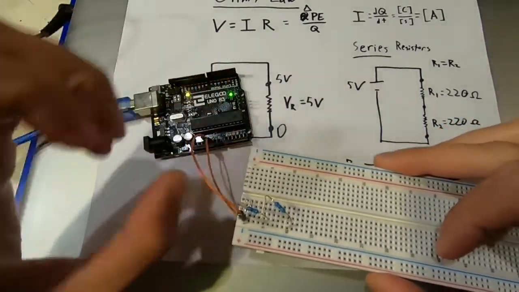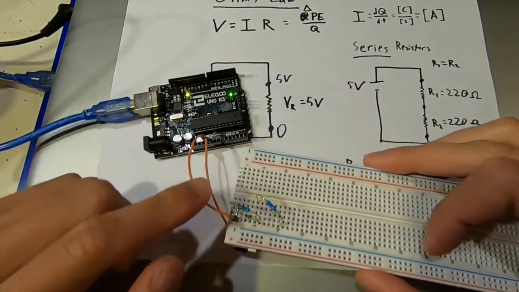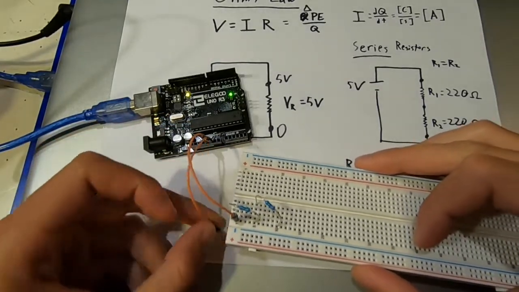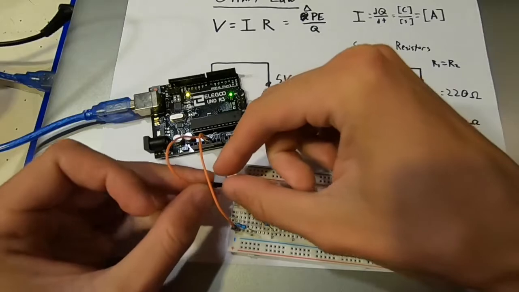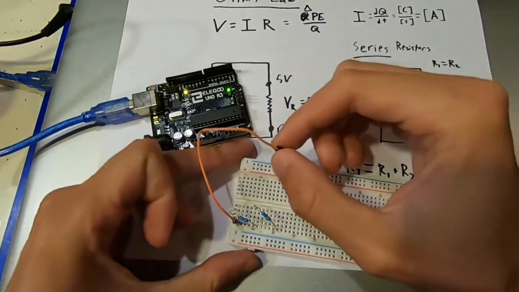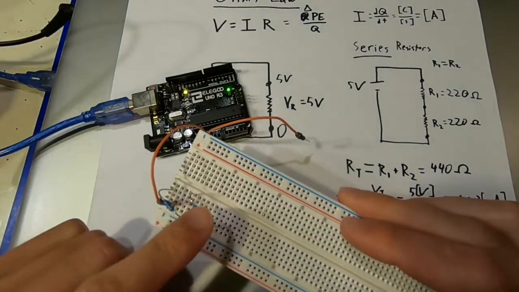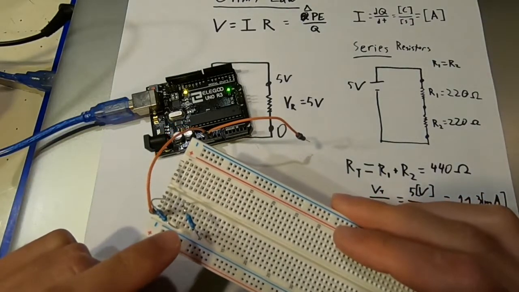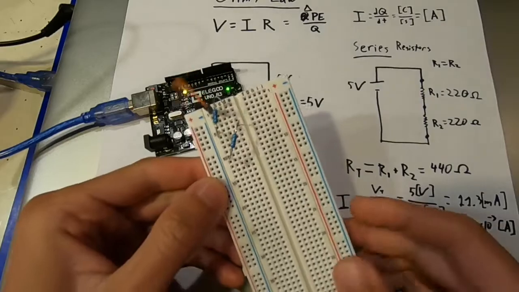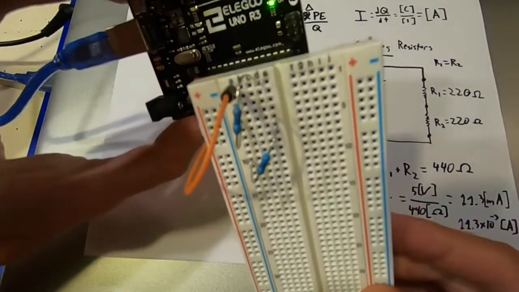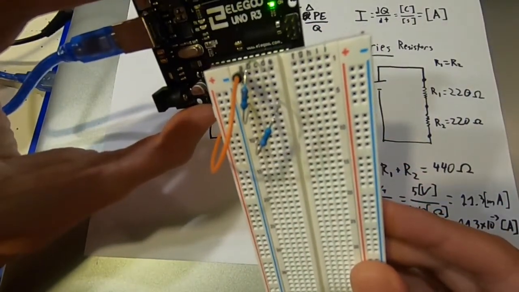And then I've got 2 leads. So this lead is going to be our 5-volt source. This lead is going to be our ground. And then we have our 2 resistors, which are hooked up in series here. So if we want to take a look at the way that these things are hooked up, get this thing to focus.